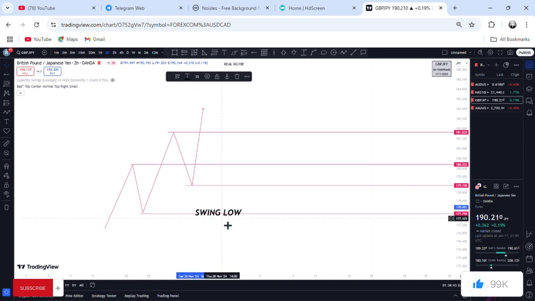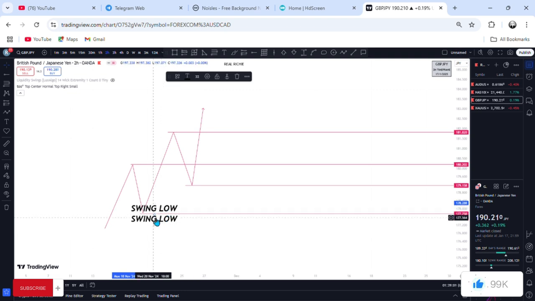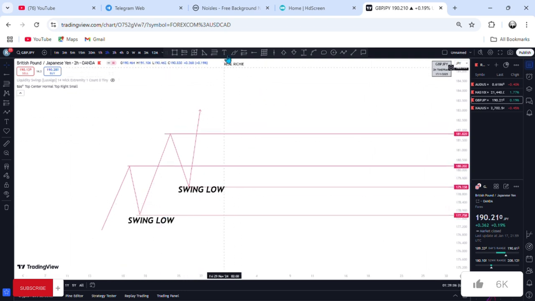Swing low here. This is a swing low. This is a swing low. And where are the swing highs?